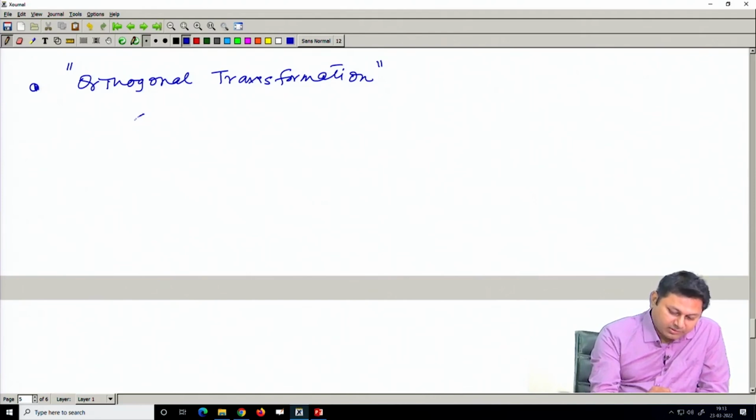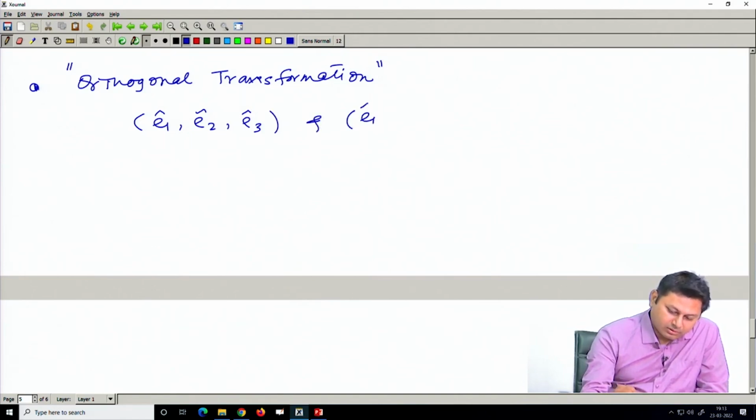Okay, so suppose in general I have a coordinate system having unit vectors E1, E2 and E3, and another set I am having like E1 unit vector with prime, E2 with prime and E3 with prime. Okay.